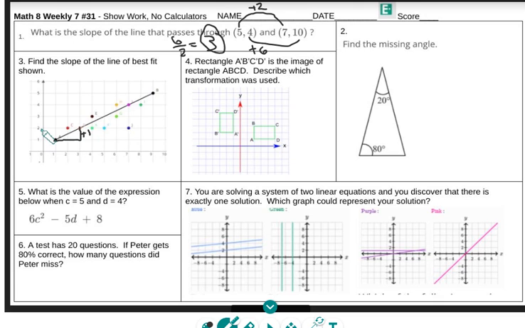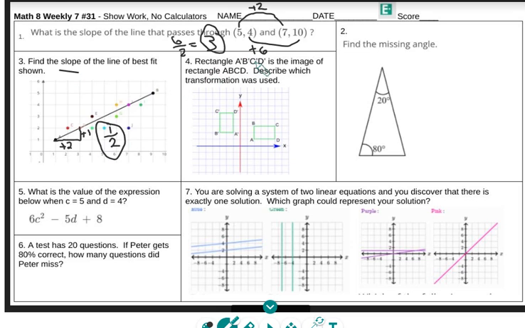It's important to look at the scale. On the bottom of the triangle, we're at 1 and we move to 3. So that one would be plus 2. And we always put our change in y over top of our change in x, which would be 2. So our slope would be 1/2, and that is a positive slope.